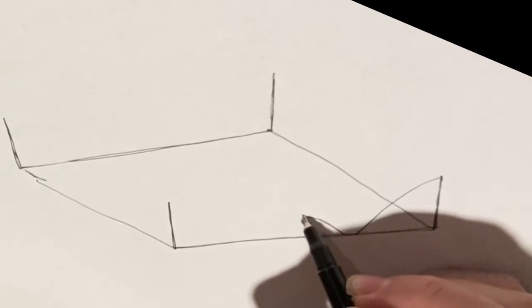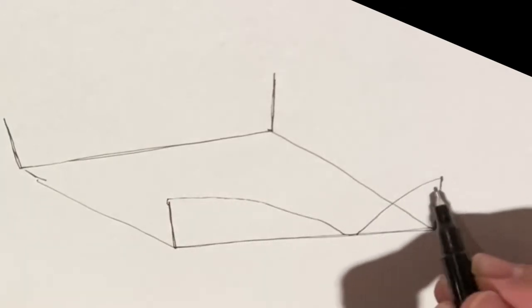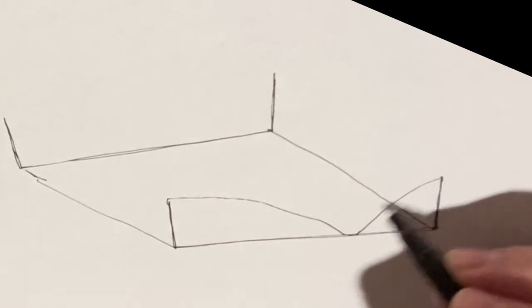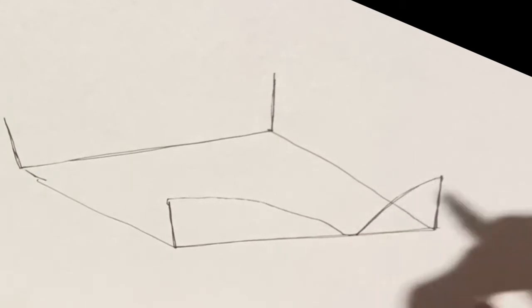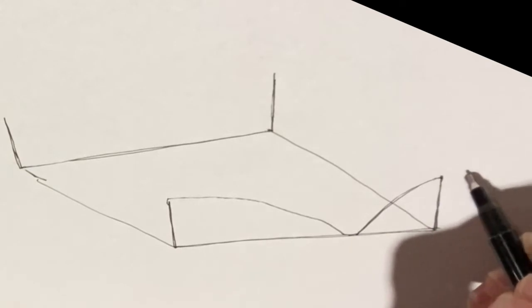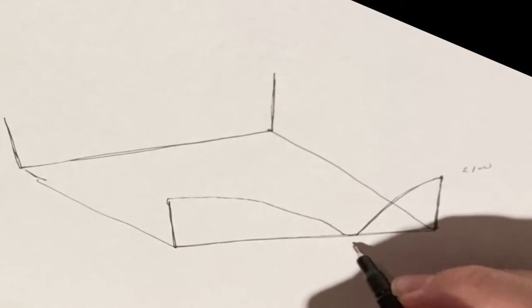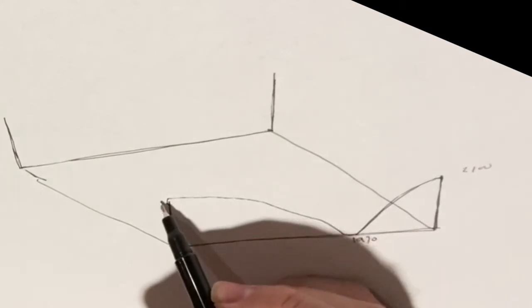And then it comes up kind of steep this way, like that. So this is one angle. If we were to make this a topographical map, the cross section is this height. I want to say 2100, and this is 1970 right there. This goes back up, right?